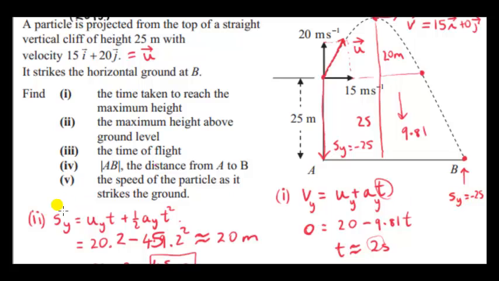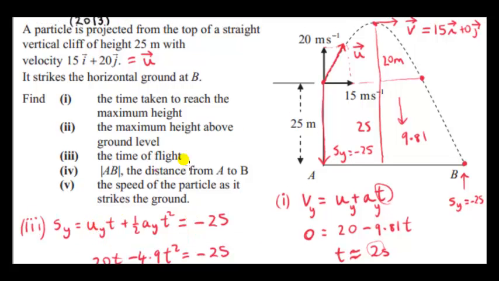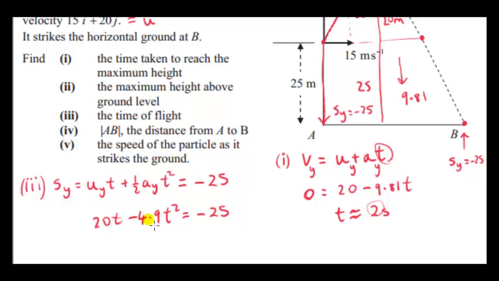So here's our formula for sy. So we would just set this formula equal to minus 25 and solve. So uy is 20, and of course, as usual, ay is minus 9.81 divided by 2 is minus 4.9, but I'll just round this to minus 5.